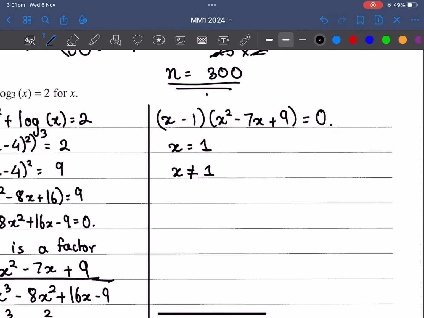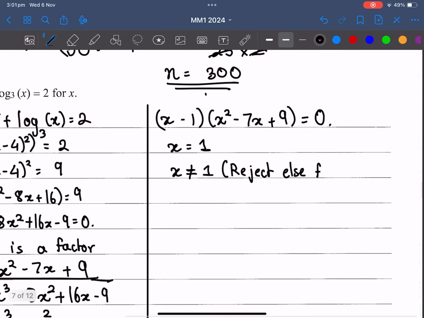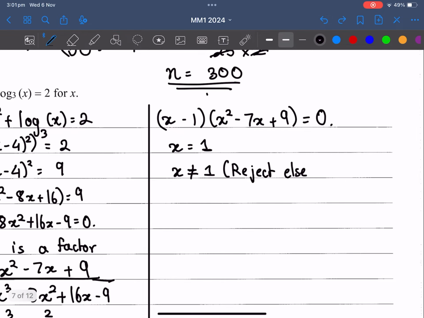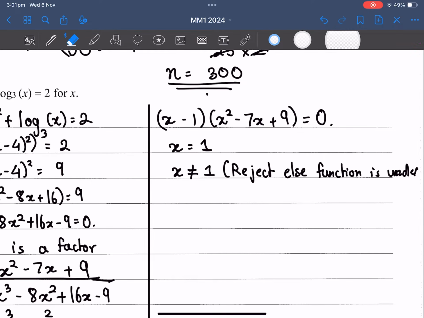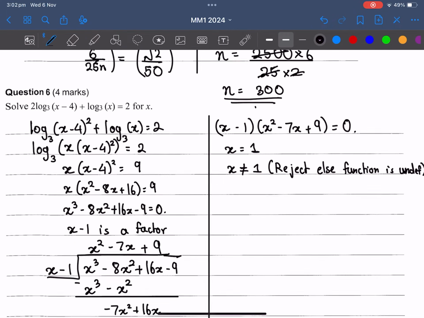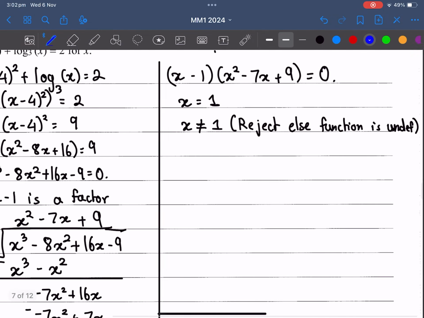X cannot be equal to 1. Reject, else function is undefined.